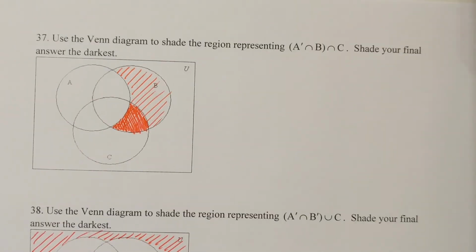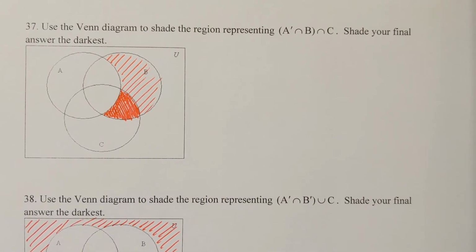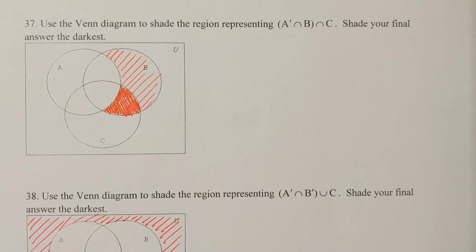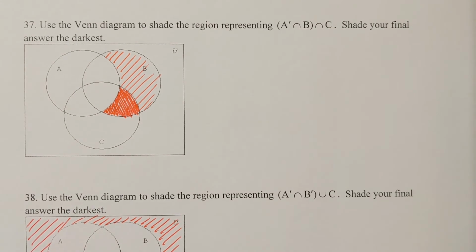Let's take a look at problem 37, where it says, use the Venn diagram to shade the region representing A complement intersect B intersect C. Shade your final answer the darkest. Again, I always start with what's inside the parentheses first.